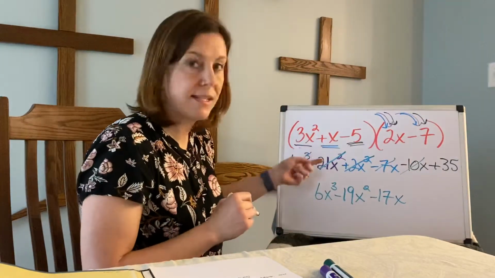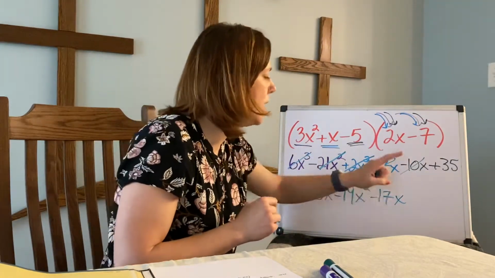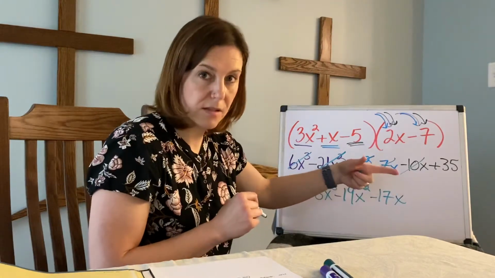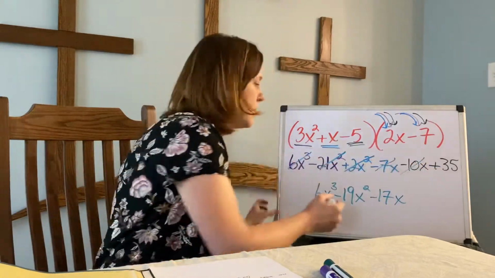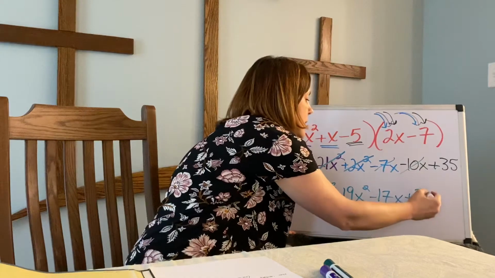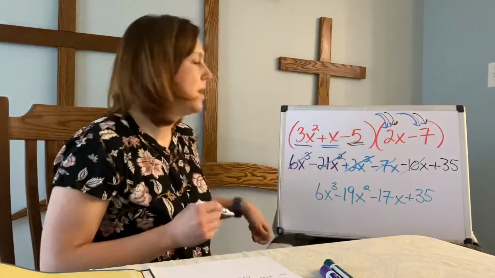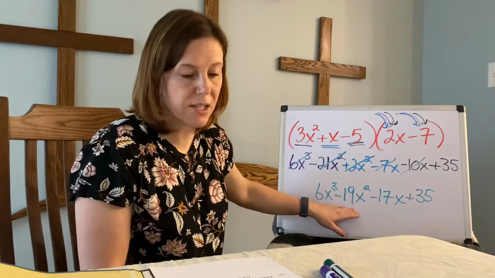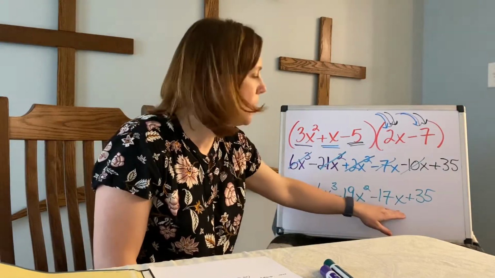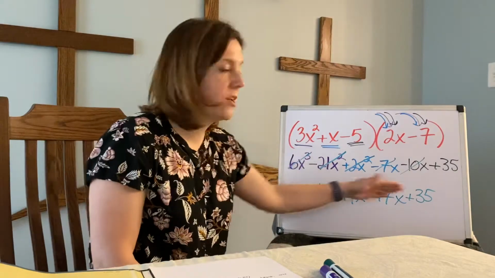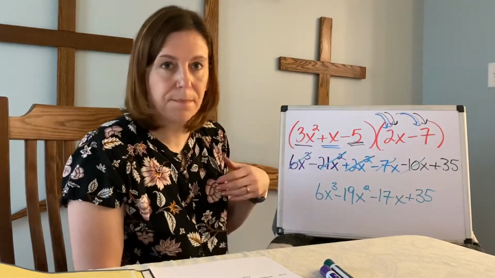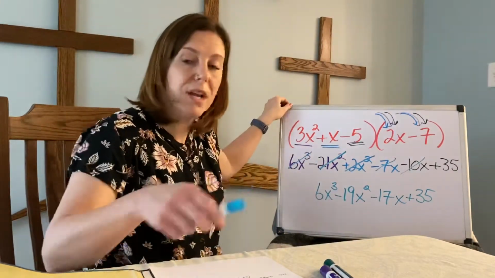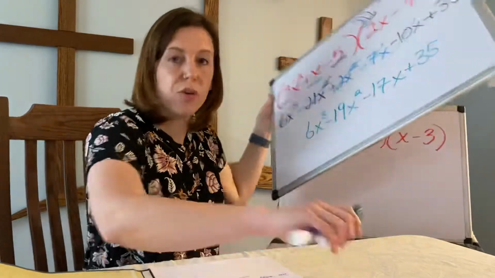My last thing in descending order, 3, 2, 1, 0 x's. No x's, my numbers, they're always last. So when I clean up this first problem, I get 6x cubed minus 19x squared minus 17x plus 35 in standard form, descending order.